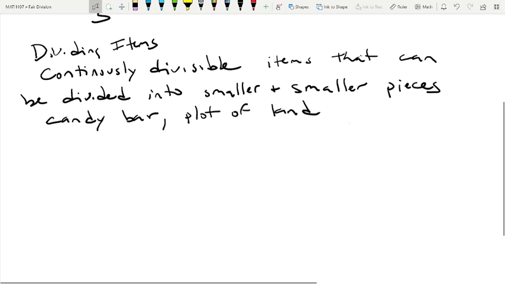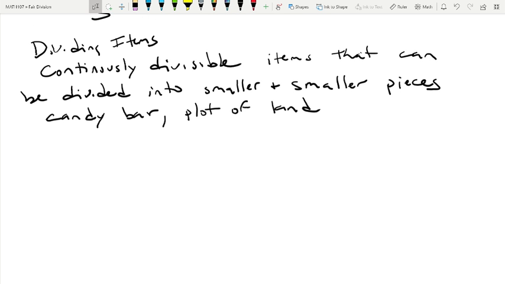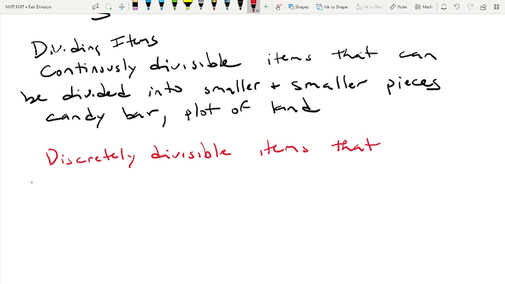And then you have other types of items, and these ones are discretely divisible. So items that cannot be broken apart fall into this category.